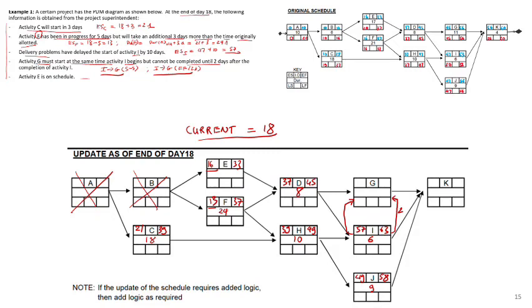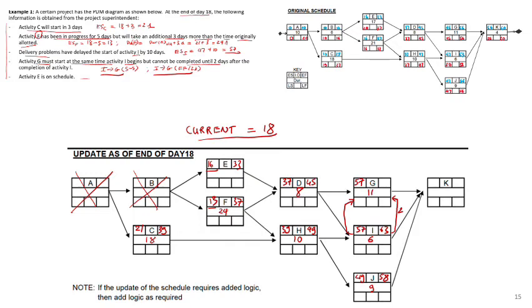How about activity G? G, if you go from D, you got 45. If you go from I, you got 57. So start of G has to be 57. In finish of G, if you add start by duration, okay, hold on. Activity G, duration is 11.